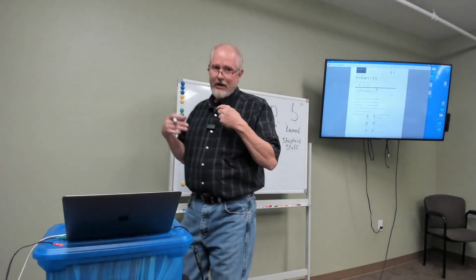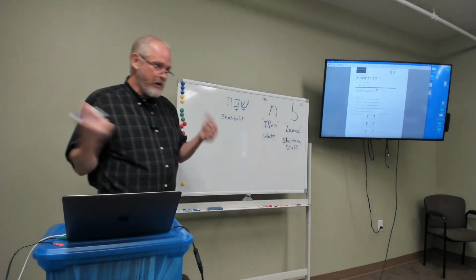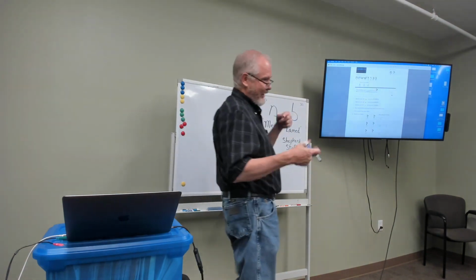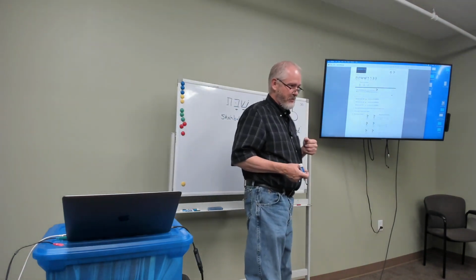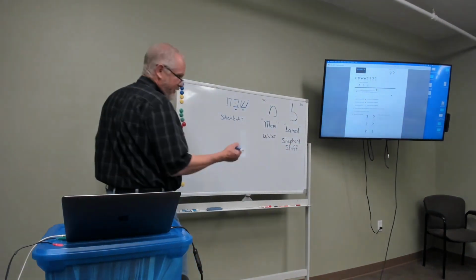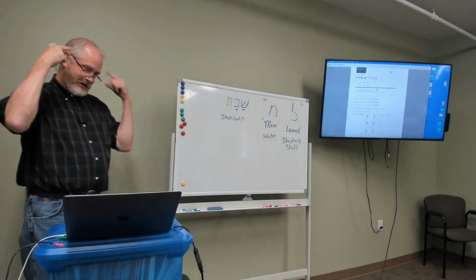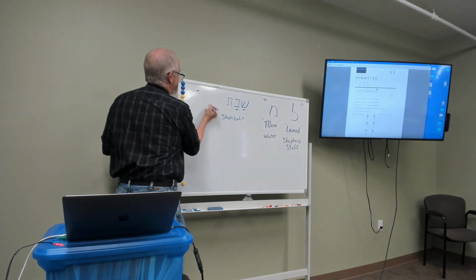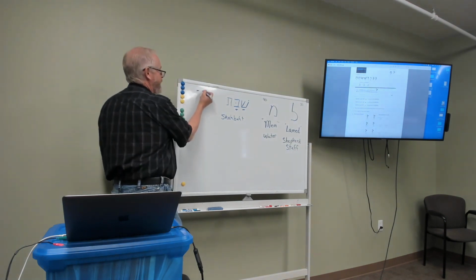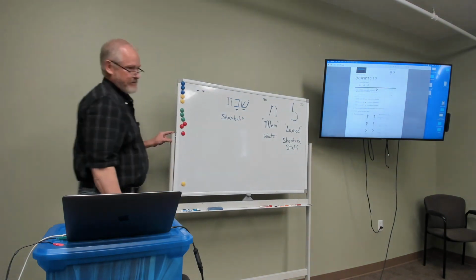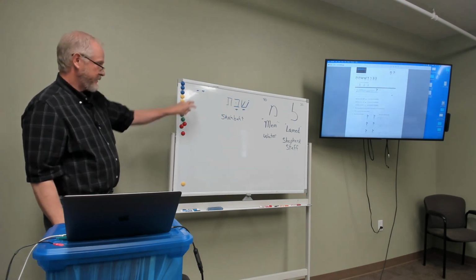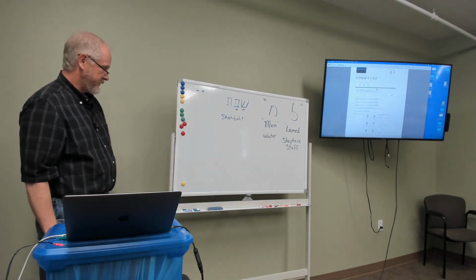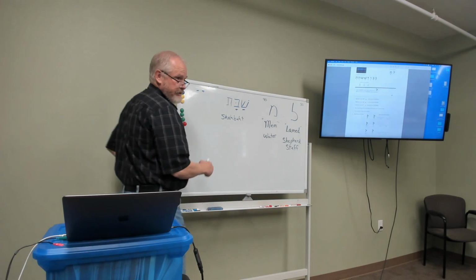It's not highly important, but if you want to keep up with this, try to memorize them as you go. Patak and kamats, you're going to get that in your mind. Patak is always going to be straight. Kamats, think about making another straight, but it's got the extra part.